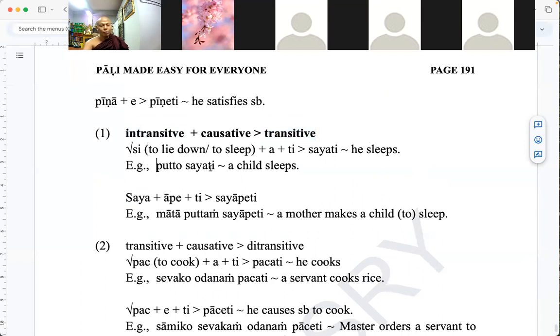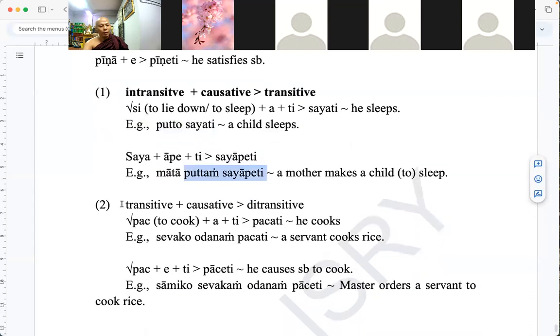Like the Bodho Sayadi become the Sayabedi with the causative. And then a transitive root or transitive base, by adding the causative, becomes ditransitive, needing two objects. Originally here, primarily Bajati, Siwako ordinal Bajati, only a single object.